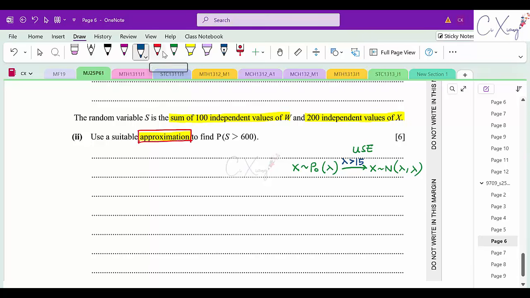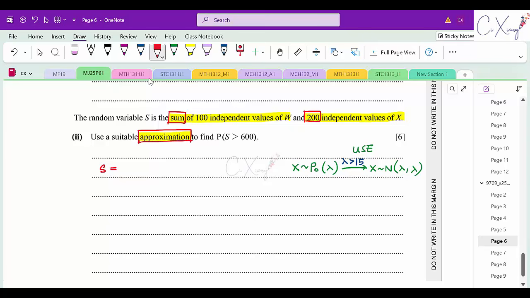Okay, then let's have a look here. I have S, which is the sum of 100 W, and also the sum of 200 X. You have to highlight the keyword: not 100 times, it is the sum of 100 W. So that means you have W1, W2, W3, W4 until W100.